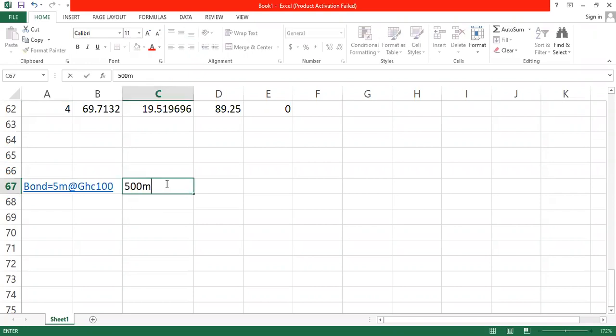What will be the redemption value? Redemption value is at a premium of 10%, so that will give you 1.1 times the face value, which is 500 million. So how much will our redemption value be now? It will be 550 million. Are you okay?